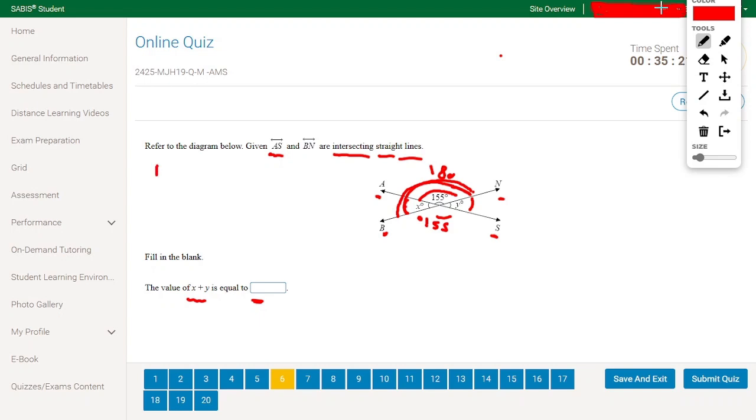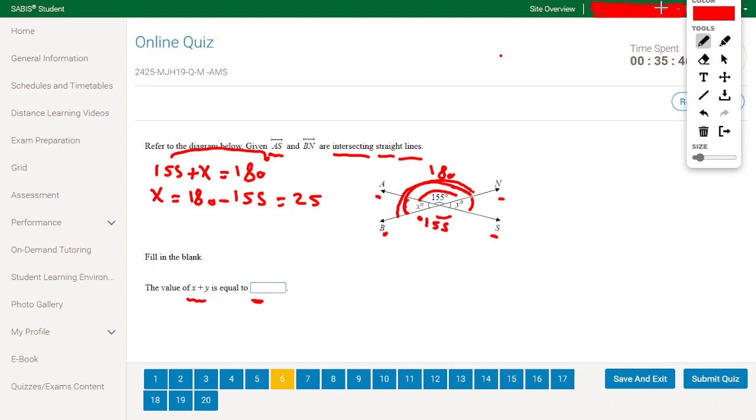So I have 155 plus x equal to 180. 155 goes to the other side, so x will be equal to 180 minus 155, which is 25. So x will be equal to 25.